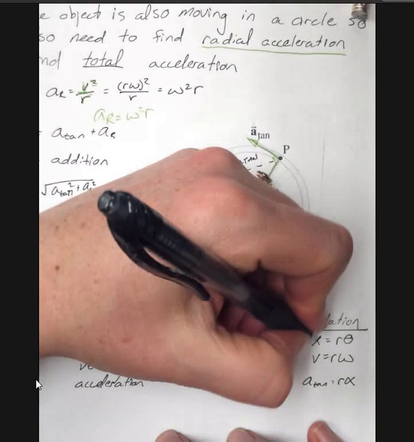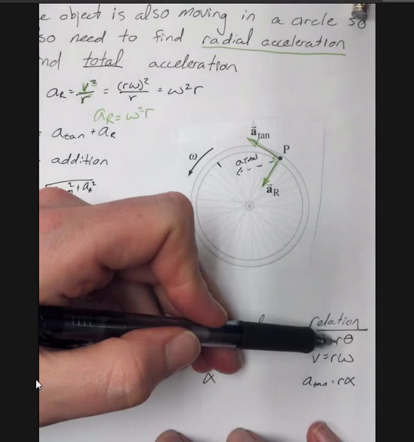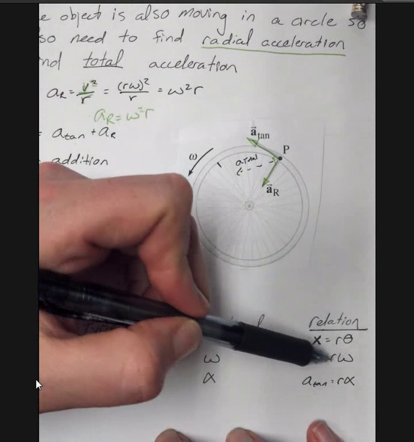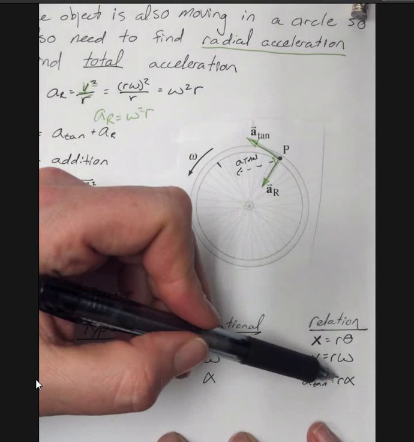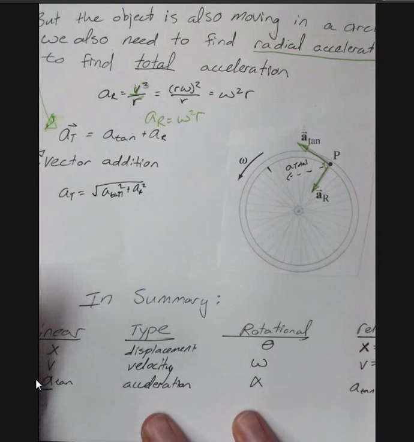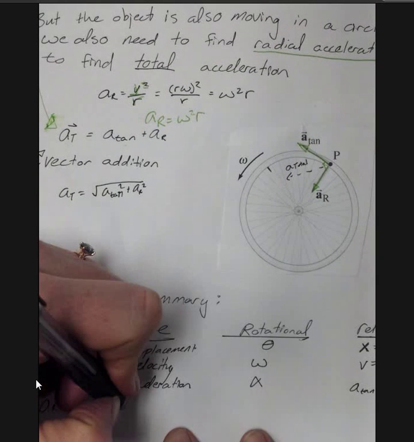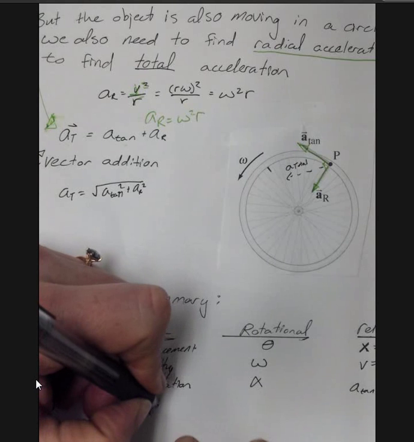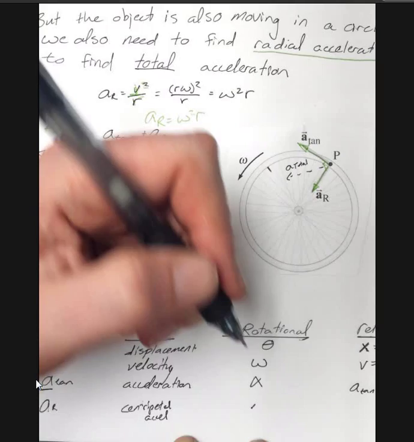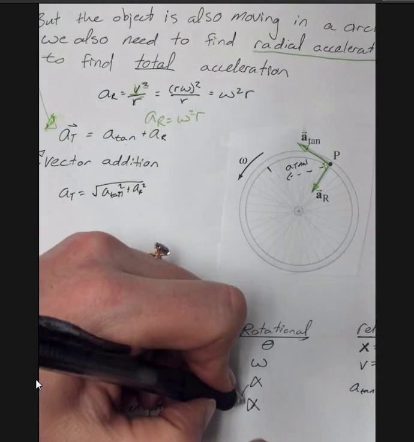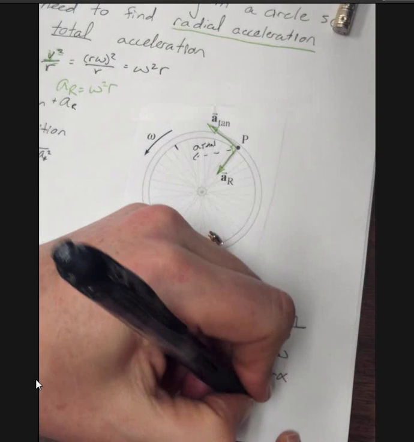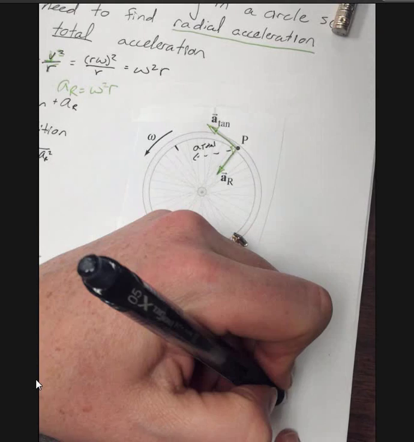Displacement is L equals radius times theta. Velocity equals r omega, and acceleration is r alpha. There's one more we can add in here, and that is our centripetal radial acceleration, which is still related to our rotational values, and the relationship there is omega squared times r.